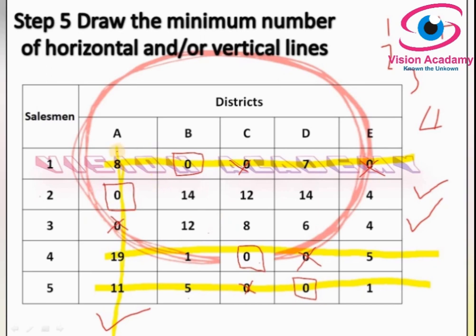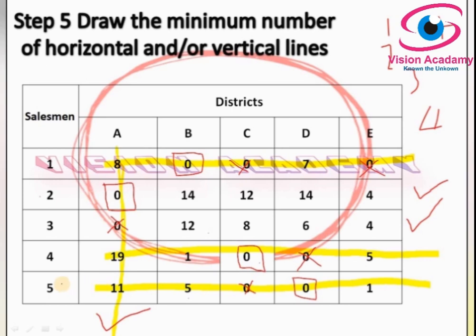Uncovered area means those things are not covered by any lines. So there you should subtract that smallest element, and other elements covered by lines remain unchanged. So here there are lines, no? So these are lines. Here values must not be changed.